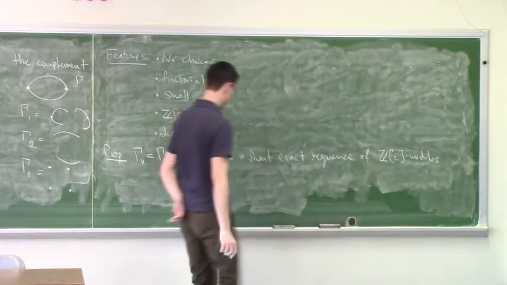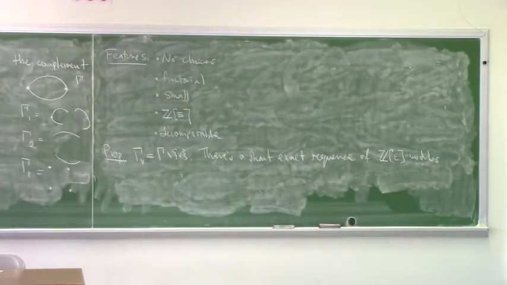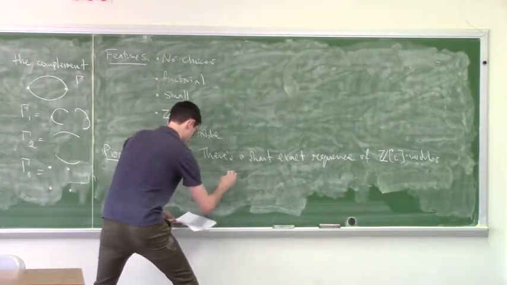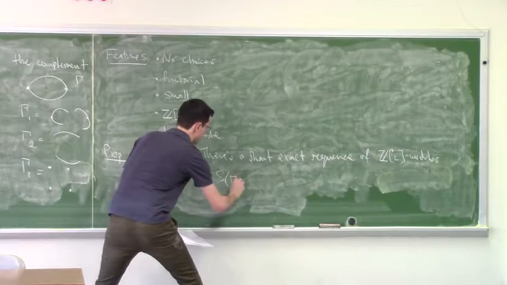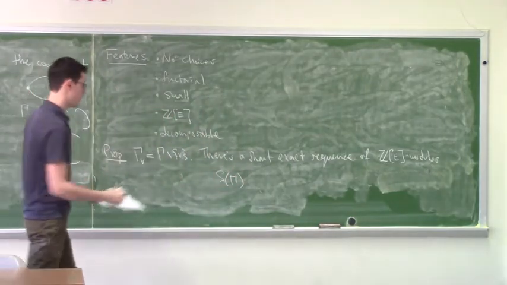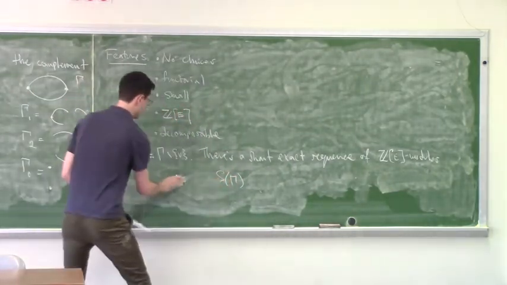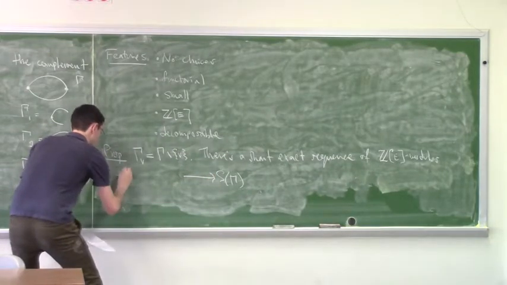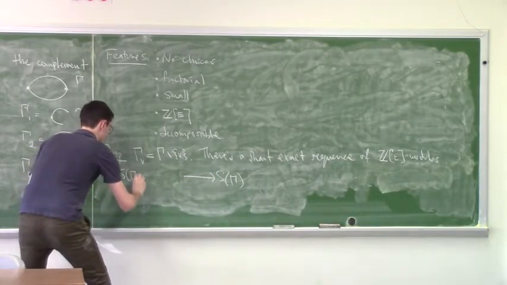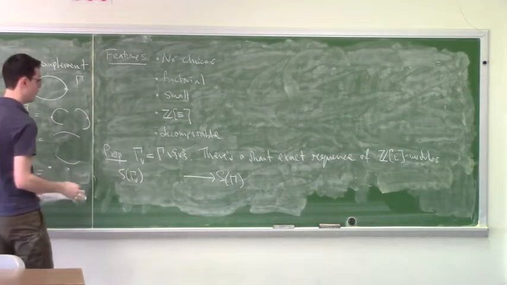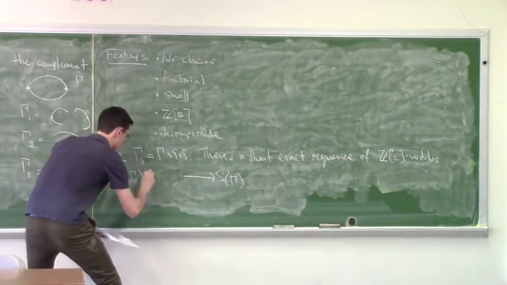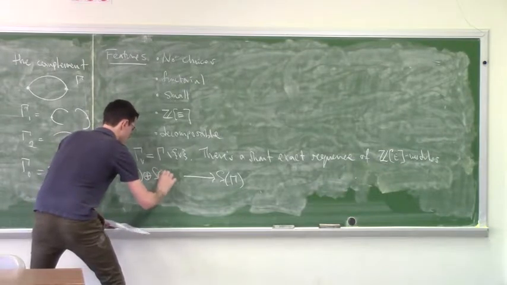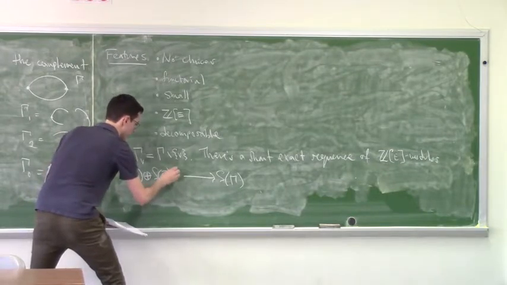In the middle is the thing that computes the configuration spaces of the large graph. Over here is one copy of the punctured graph, direct sum, another copy with a shift.